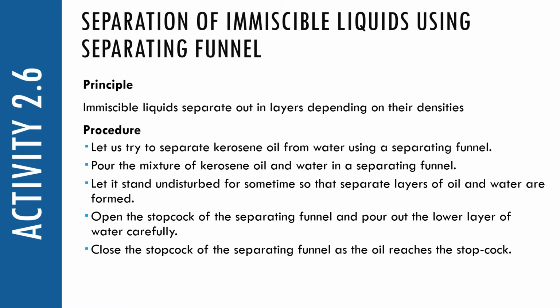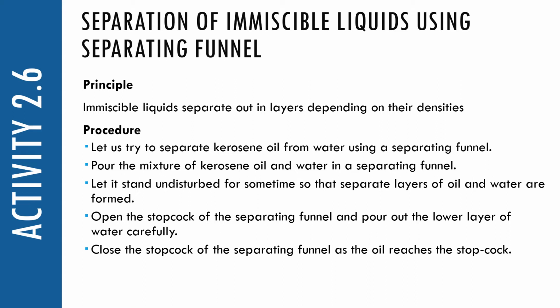Now let's see the activity: the separation of immiscible liquids using a separating funnel. The principle: immiscible liquids separate out in layers depending on their densities. Procedure: let's try to separate kerosene oil from water using a separating funnel. Pour the mixture of kerosene oil and water in a separating funnel.